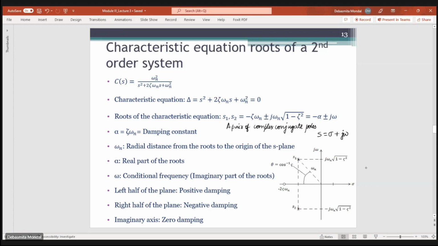And omega n is basically the radial distance from the roots to the origin of the S-plane.